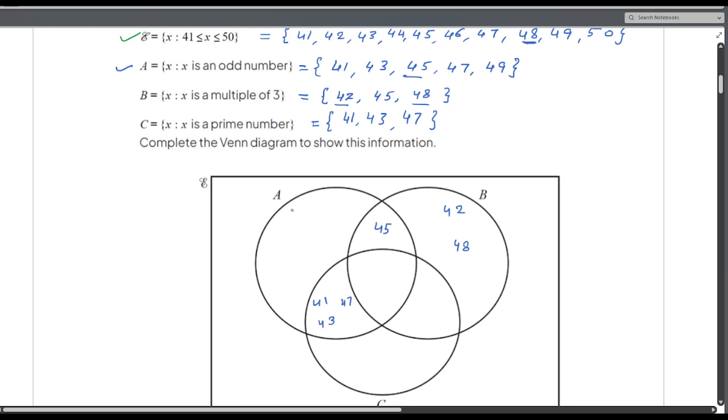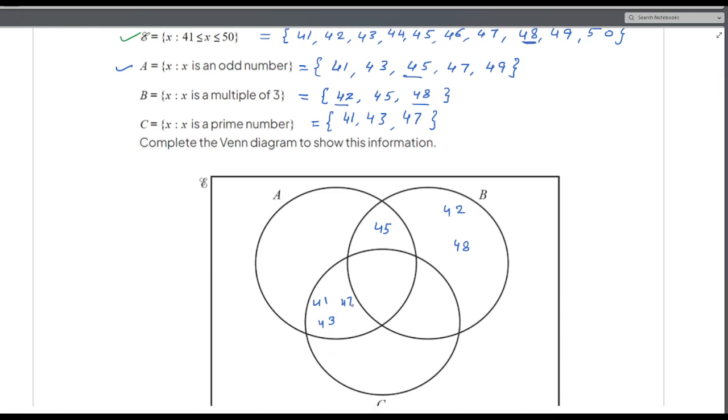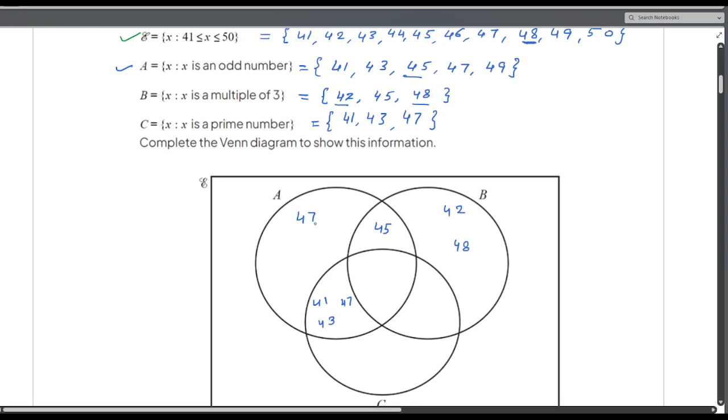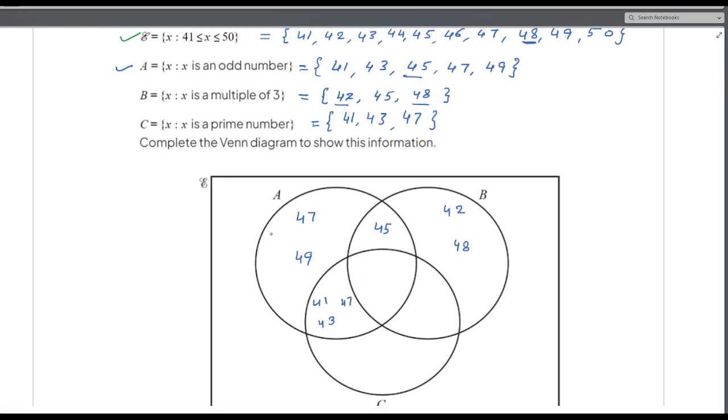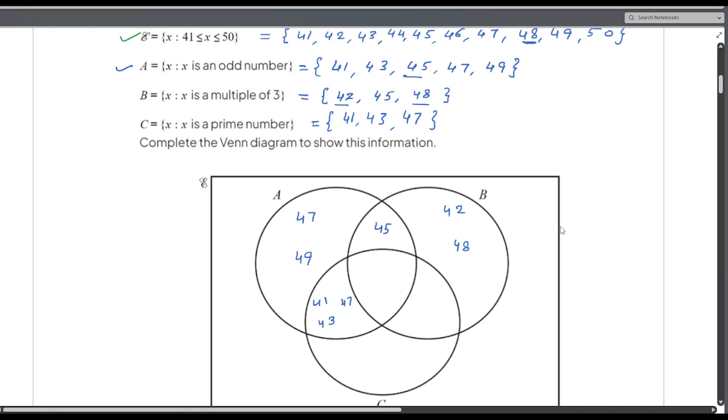Now set A includes 41, which I already wrote, 43, again covered, 45 covered, so 47 and 49, these two elements will come here. So 1, 2, 3, 4, 5, 6, 7, 8. 8 numbers are covered.